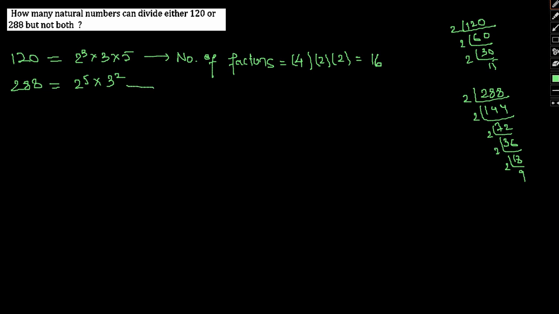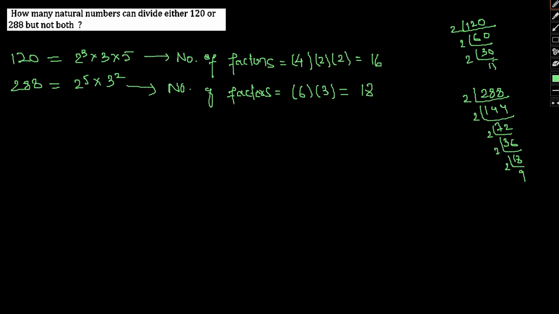And in this regard, for 288, number of factors would simply be 6 into 3, that is 18. Okay, now we know the total number of factors or natural numbers which can divide 120 is basically 16, and number of natural numbers which can divide 288 is 18, because total number of factors.